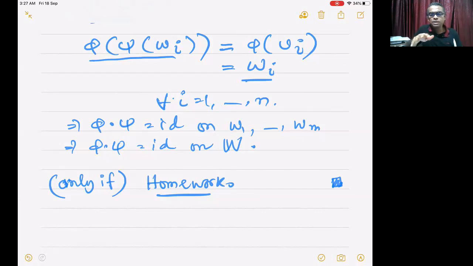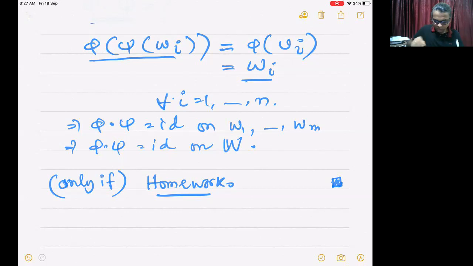We'll see how, combining the idea of coordinates, which we learned in I think the 5th lecture, with this idea, we see that linear maps between finite dimensional vector spaces can always be represented by matrices. Okay, that we'll see in the next lecture, and still a few more stuff.